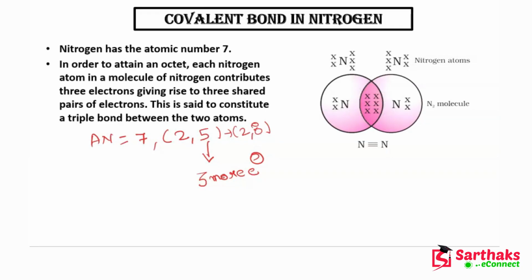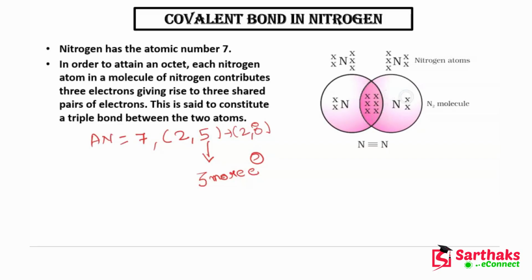This is nitrogen and it has 5 electrons, 1 2 3 4 and 5, and this is another nitrogen atom and it also has 5 electrons, 1 2 3 4 and 5. Now you can see that 3 electrons of nitrogen are shared with the other nitrogen, or you can say both nitrogens share 3 pairs of electrons between them.